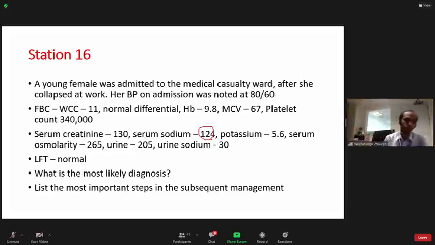Hypervolemic hyponatremia is fluid overload causing dilution. Hypervolemic says fluid overload, causing dilution in hyponatremia, which occurs in heart failure very often. Heart failure. Dilution, that is hypervolemic hyponatremia.